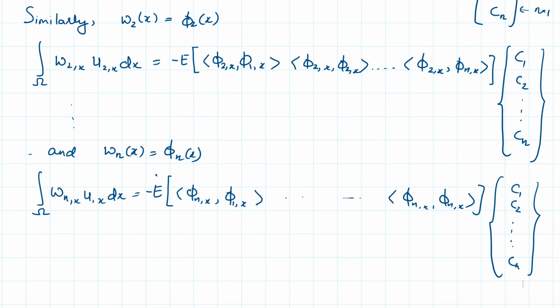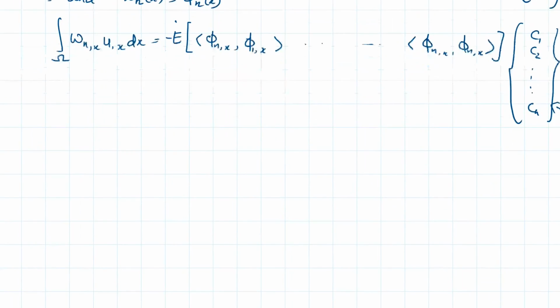Now notice that we have n such equations and the vector containing all the coefficients. So we can condense these n equations into a matrix form, and that would look like this.